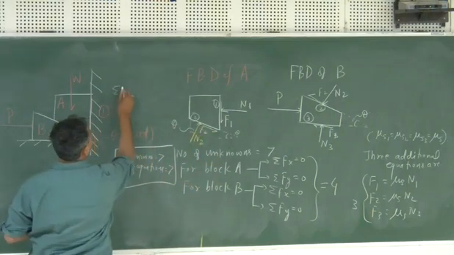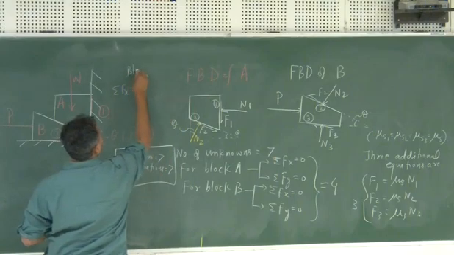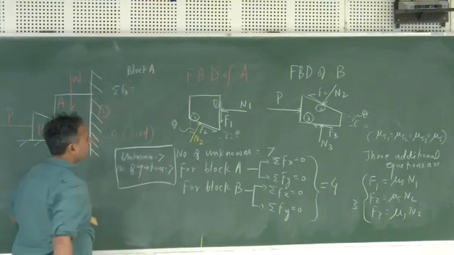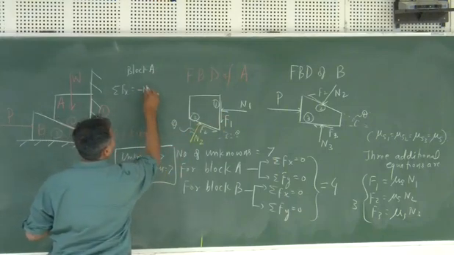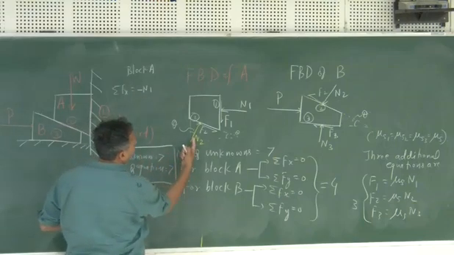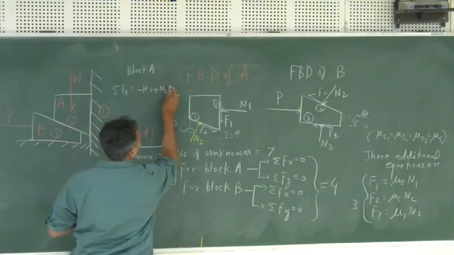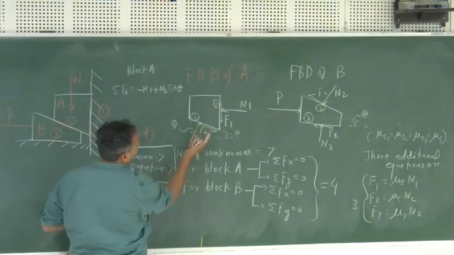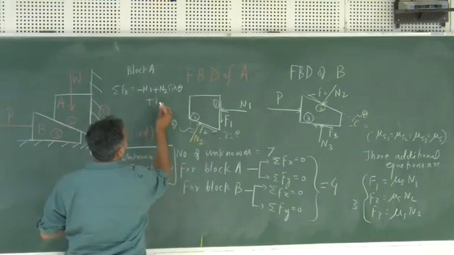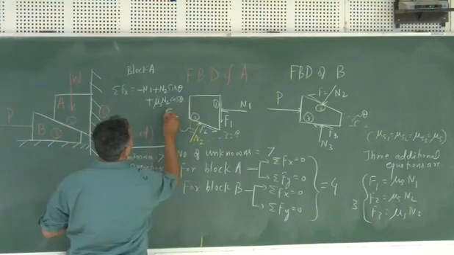If you write summation of Fx for block A, it will give you minus N1, plus N2 sin theta, right? And this one will be F2 cos theta. F2 cos theta is what? Mu s times N2 cos theta. And that should be equal to 0.